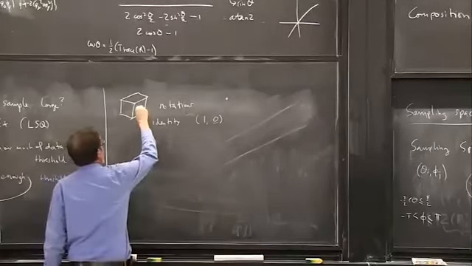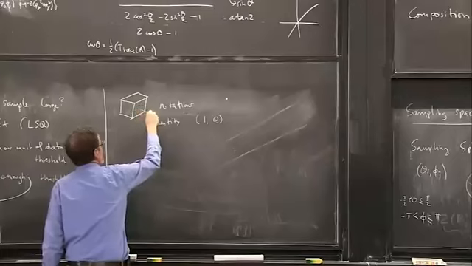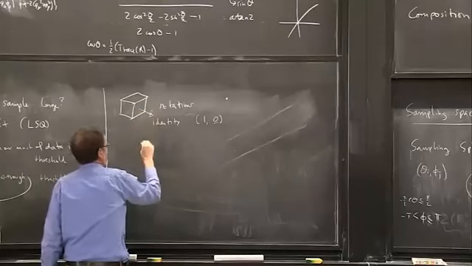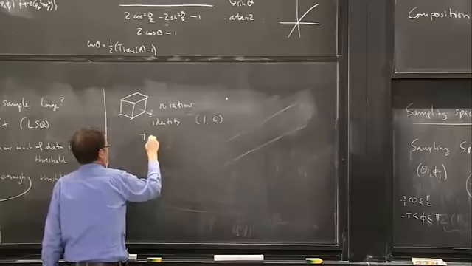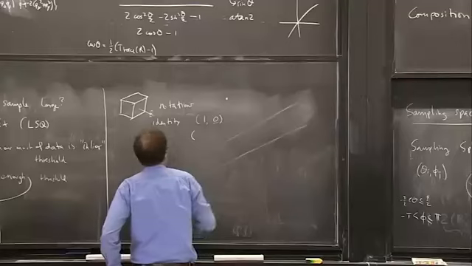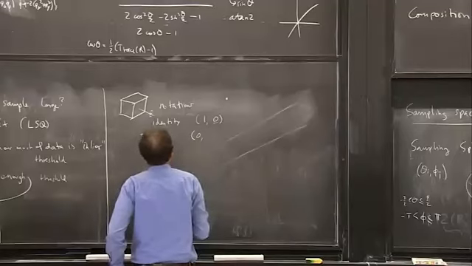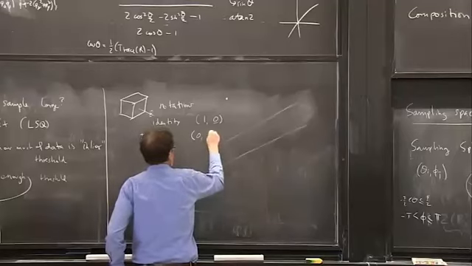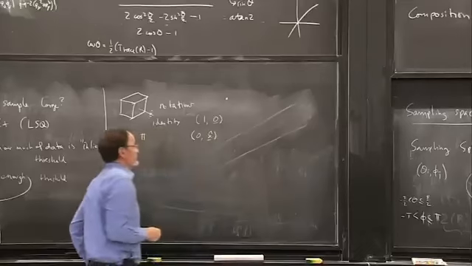Then we can think about a rotation, let's say, about x through, let's say, pi. And so that's going to be, let's see, cosine pi over 2 is 0, sine pi over 2 is 1. So that's that quaternion.